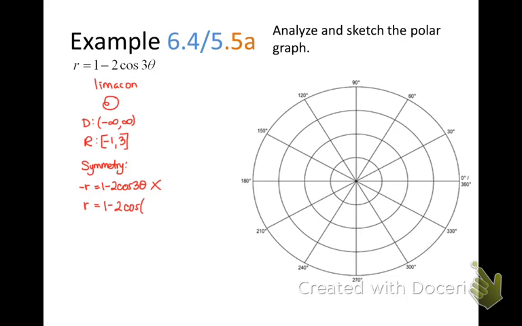Is cosine an even or an odd function? Even, right? So when you have a negative inside, does it alter your function for an even function? So is that the same? Which means that this is at least symmetric about the what? If I can replace a negative theta, what is it symmetric about at least?